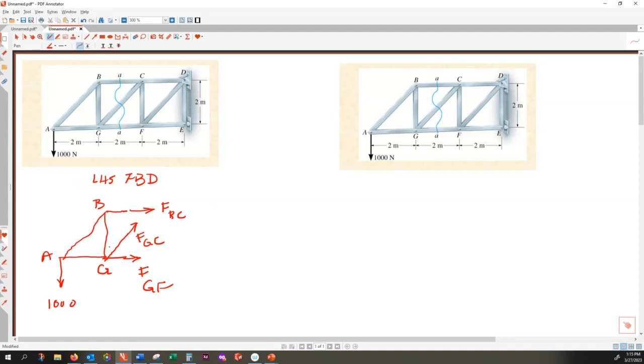And now my question to Chaisal. How many unknowns are in this left-hand side free body diagram? Nguyen, how many unknowns? Yes, thank you, Darcy. There are 3 unknowns.